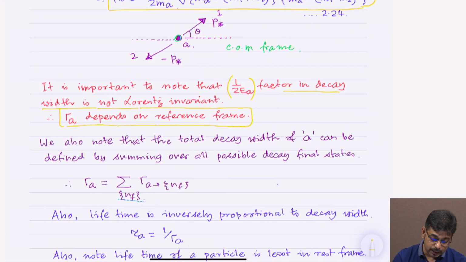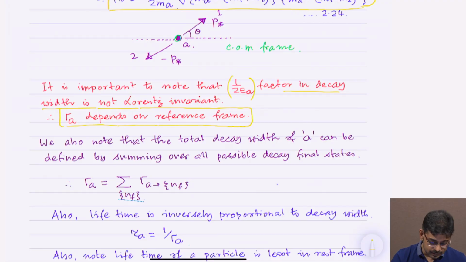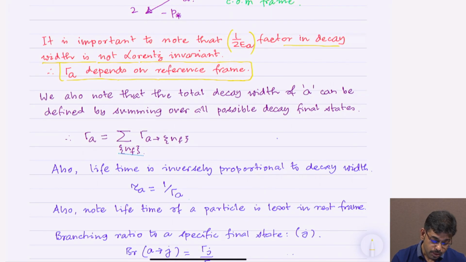If you have the center of mass frame, it only depends on the mass, but if it is boosted, then it has a factor of E_A in it. Those are not Lorentz invariant. So although the rest of the expression we could make Lorentz invariant, the full expression of the decay width at least is not Lorentz invariant.